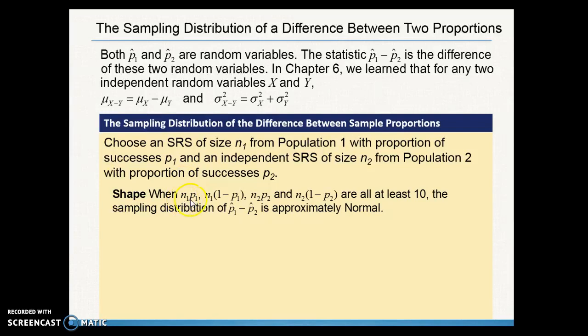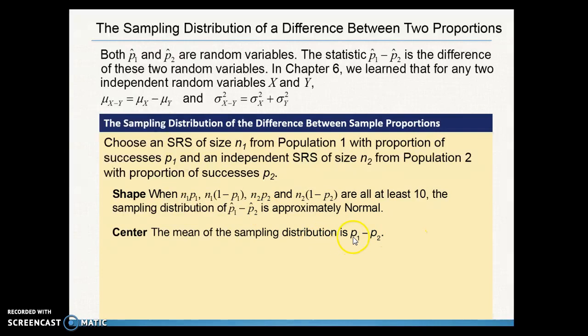So we check n1 times p1 and n1 times 1 minus p1, and then we do the same thing with the second one: n2 times p2 and n2 times 1 minus p2. As long as those are all at least 10, the sampling distribution of p hat 1 minus p hat 2 is approximately normal. So you're just checking the normal condition twice.